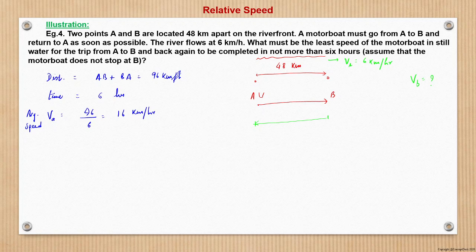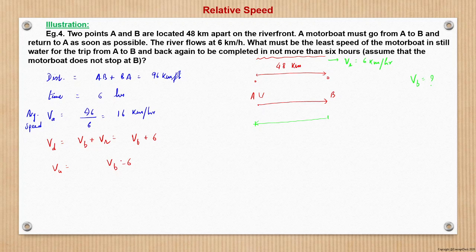Now, further, let us see. We know that the velocity downstream, that is VB plus VR, is VB plus 6, and the velocity upstream is VB minus 6.